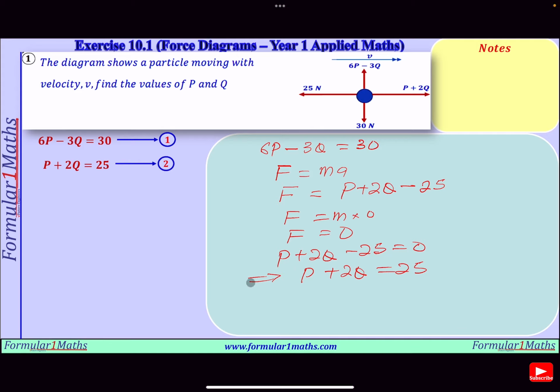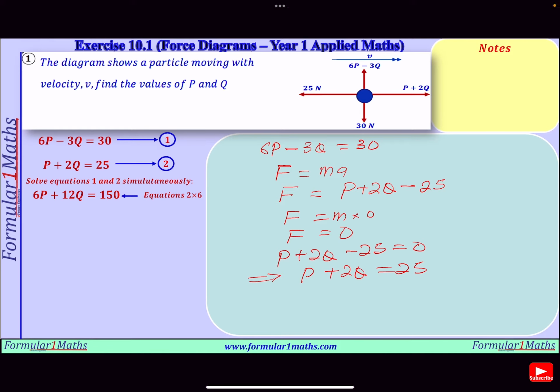Now we've got 2 equations with 2 unknowns. So we can solve the 2 equations simultaneously to obtain the values of P and Q. So let's proceed by multiplying equation 2 by 6.